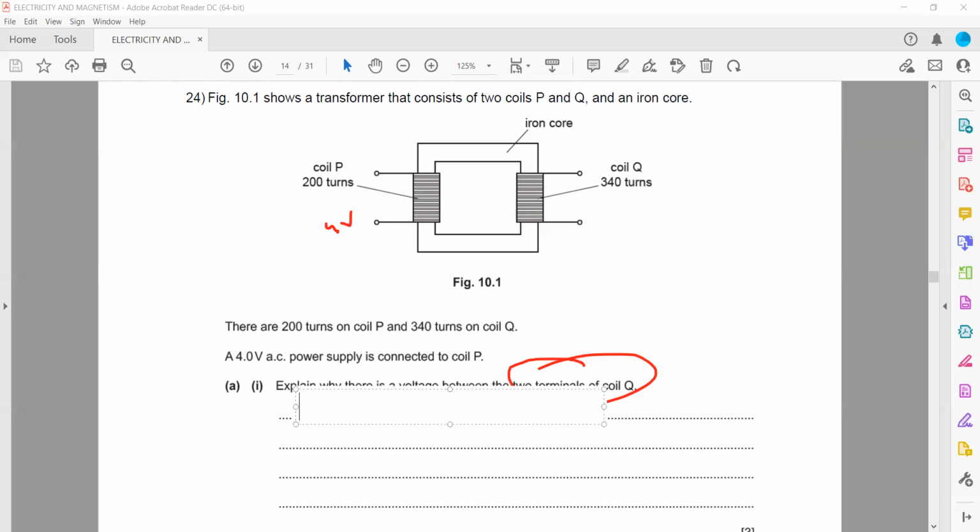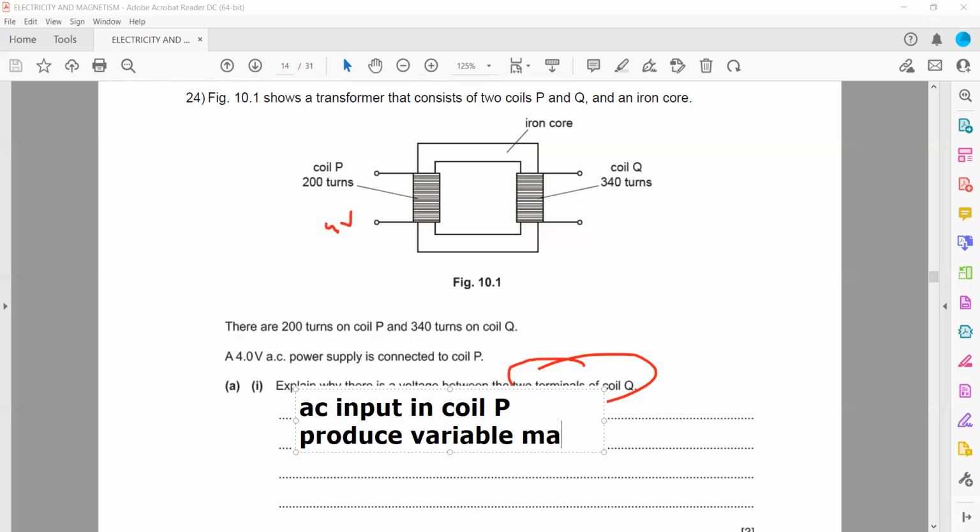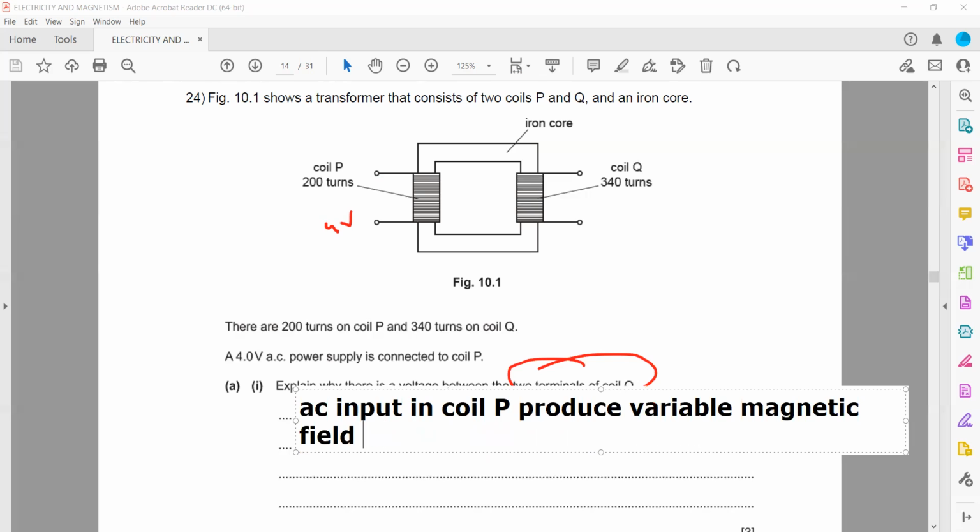You have to learn this: AC input in the primary. Here they mention coil, so you can mention AC input in coil P produces a variable or changing magnetic field. As a result of the variable change in magnetic field, it will magnetize the iron core.